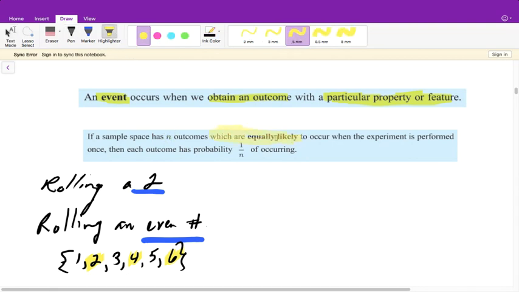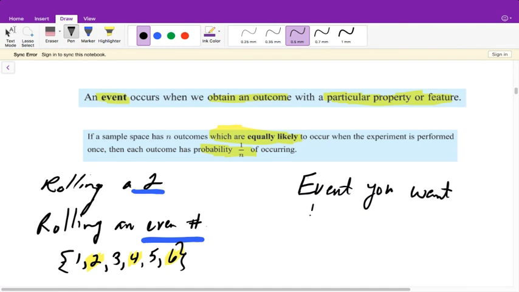All right, so now, what I talked about before: if a sample space has n number of outcomes which are equally likely, and equally likely is the key thing, to occur when an experiment is performed once, then the outcome has a probability of 1 over n occurring. The way I want you to remember this, the probability is the number or the event that you want to take place. That goes in your numerator.